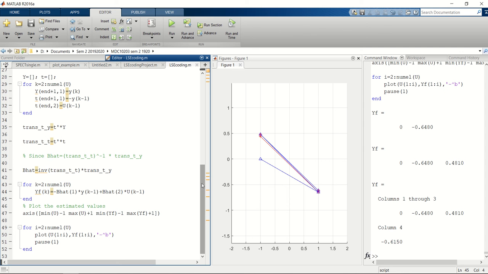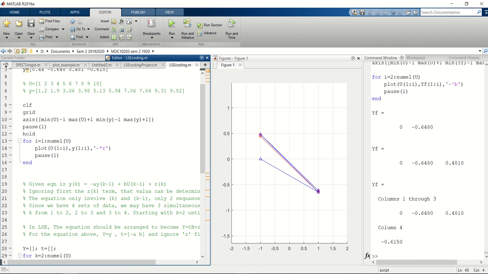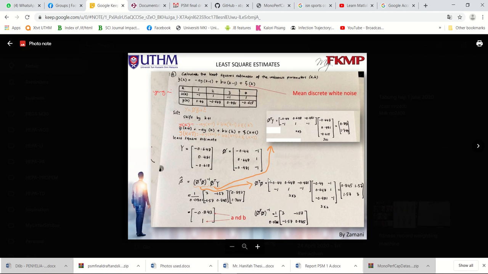Okay, so that's it for the case study from this problem that we had in our class before. What if we want to use least square estimation also, but with a different set of data?